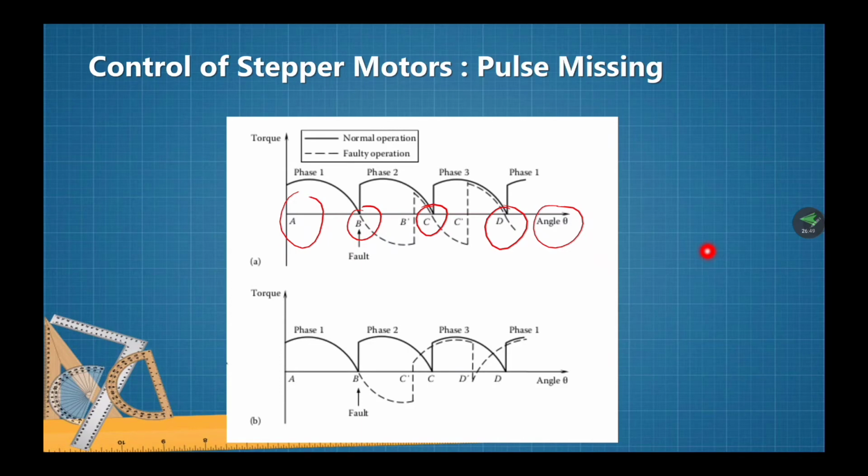Then the axis is theta, not time t, because of the constant speed operation.